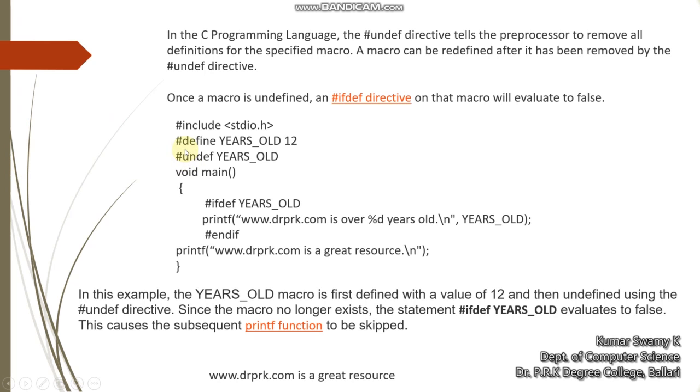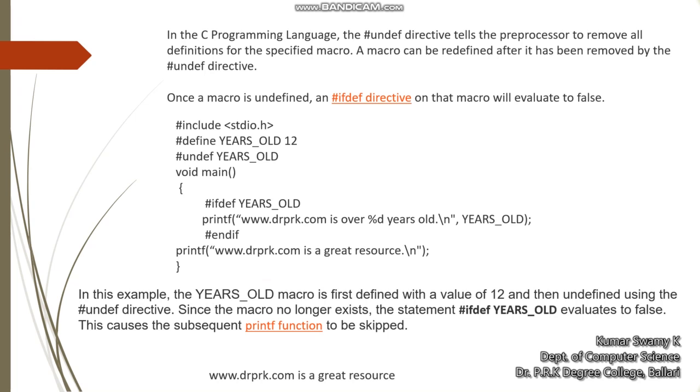In a program you could see #define YEARS_OLD 12, where I have used the numeric value 12, and then #undef YEARS_OLD. So here, #ifdef YEARS_OLD would otherwise print: www.drprk.com is a great resource.